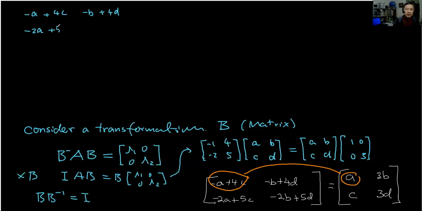And the last one would be -2B plus 5D, 5 times D, right? Yep. What's this? This is 5C times D. You will get 25CD, right?